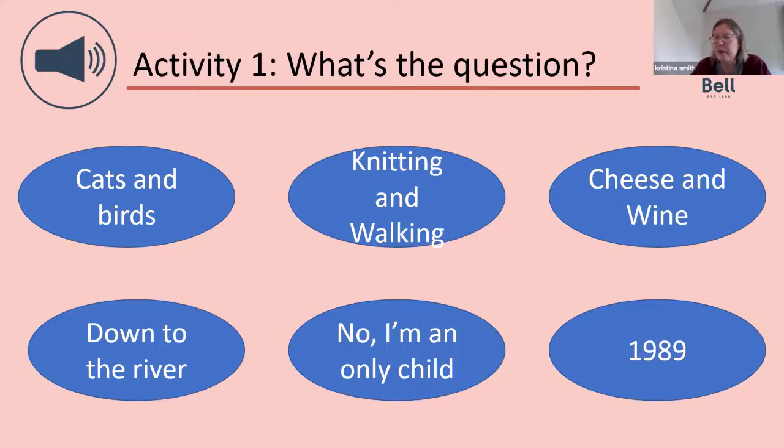What question did somebody ask that I answered? Cats and birds. Do you have pets? Yeah, that could be. What's your favorite animal? Which animals do you like? It's a question like that. What kind of animals do you like? What pets have you got? Yeah, absolutely. Exactly. That's the kind of question.